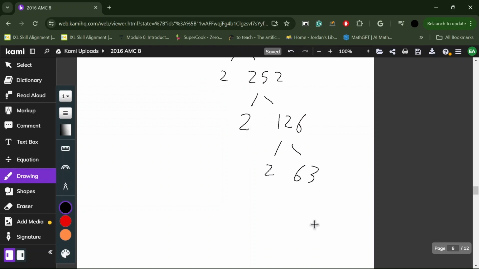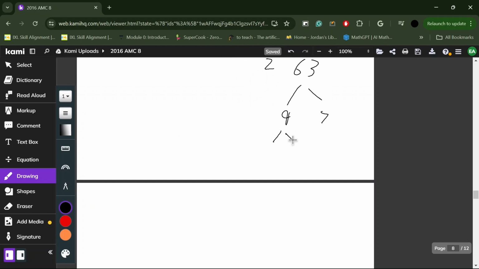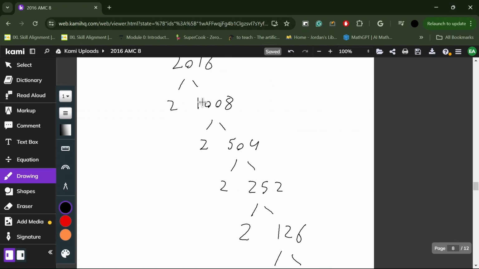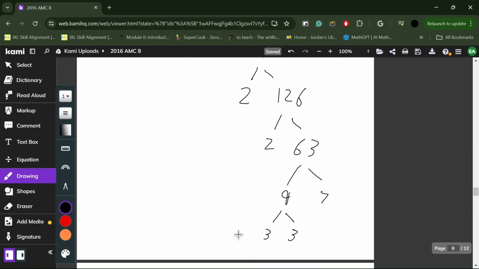Now we can't divide this by 2, but we can find other numbers. So we could do 9 and 7, right? 7 times 9, 63. And then, 9 could be turned into 3 and 3. So let's look at the prime ones. We have 2 here. We have 3 here and 7 here. These are all the prime factors of it.